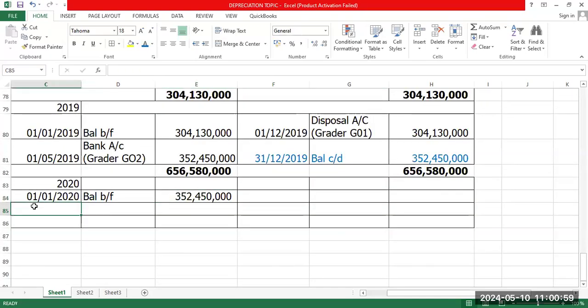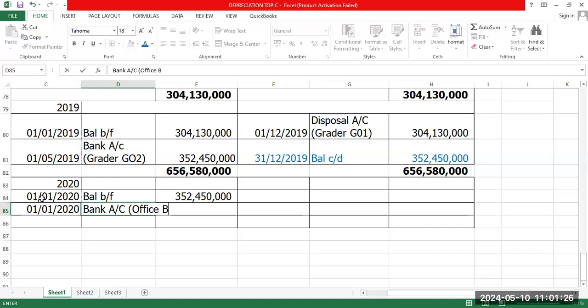Then in this year, did we purchase any other asset? Yes. On which date? 1st October 2020. We actually purchased, using bank account, which asset?